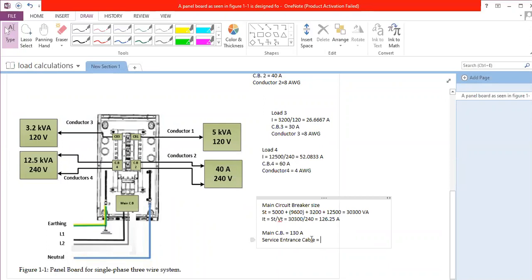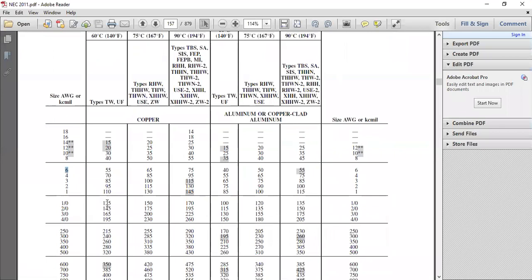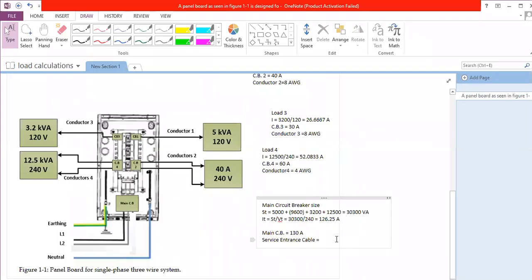So I have to select from 130. So I need to go to the table, 130, 125, 145, 2 over 0. So it's going to be what? 2 over 0 AWG. 2/0 AWG.